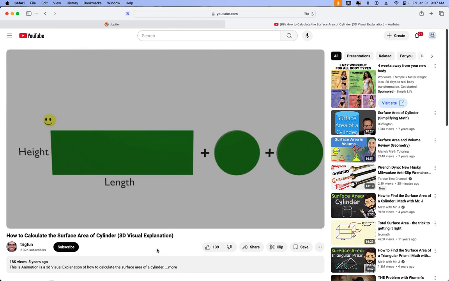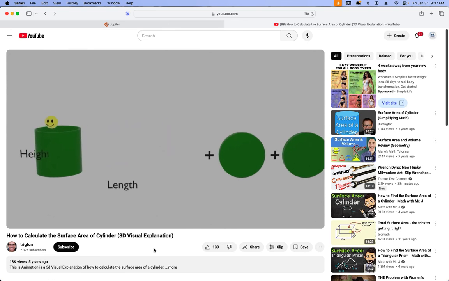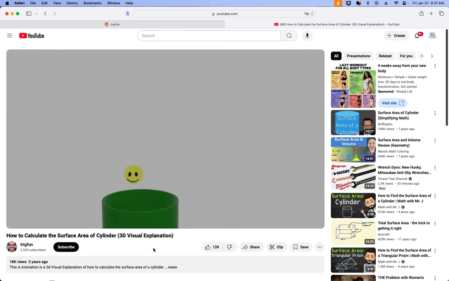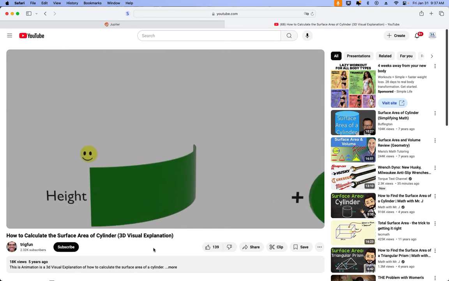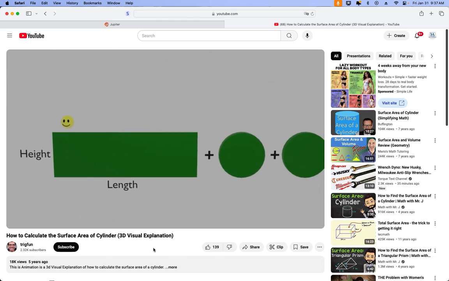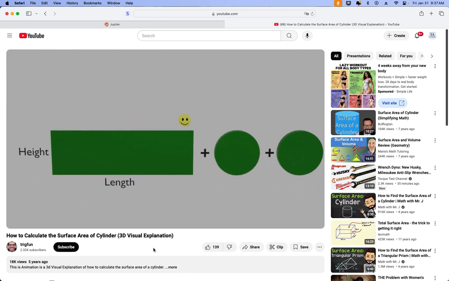I thought that was a great illustration and 3D visualization of how that works. So he wraps it back around, and then you find the circumference of that circle to find the length of the rectangle. He does a great job of illustrating that. I think that might help you to see that well.